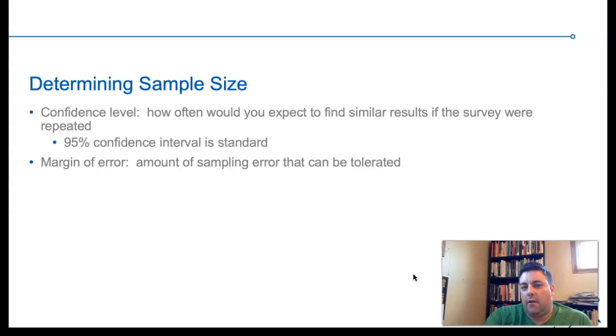You might see results within this 95% confidence interval, which means usually there's a score slightly above or slightly below what we obtained.